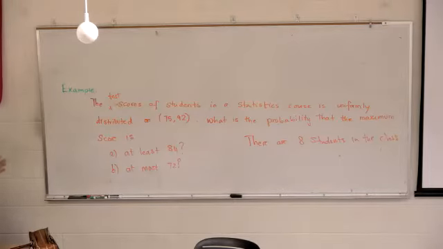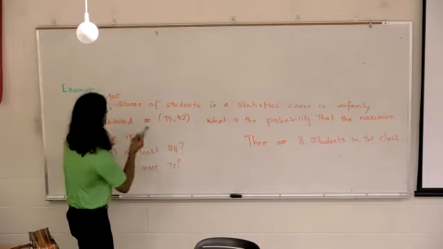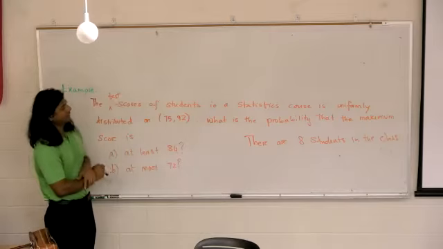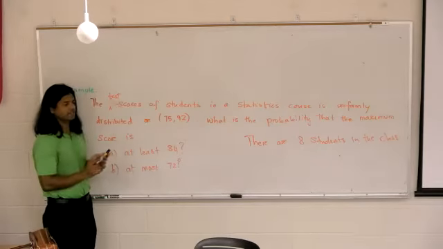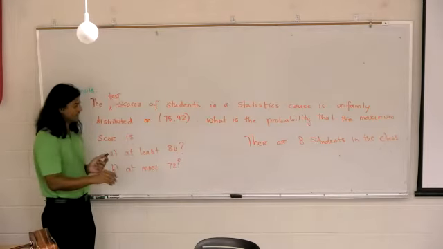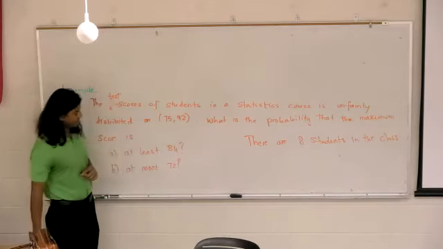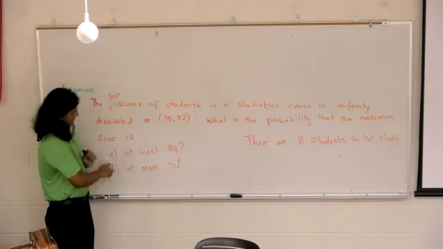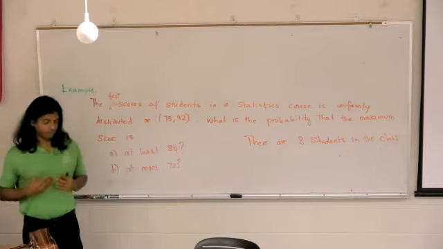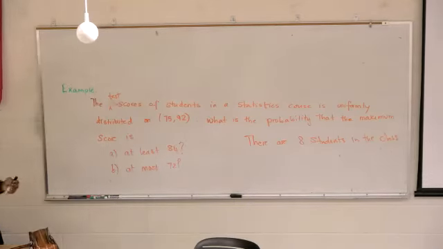So look at this problem: 8 students, their scores are distributed uniformly from 75 to 92. These are the probabilities that we want to find. Both of them are cumulative probabilities.